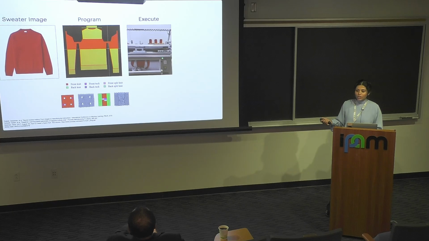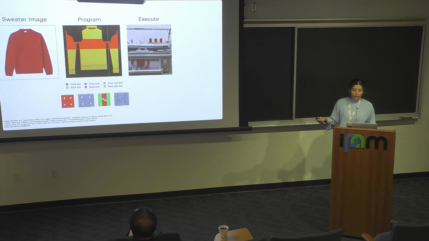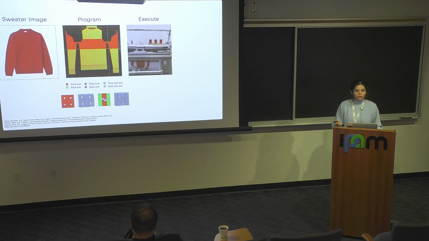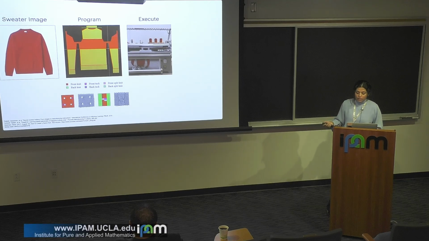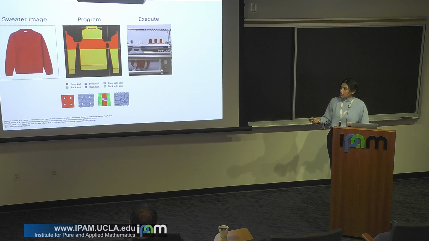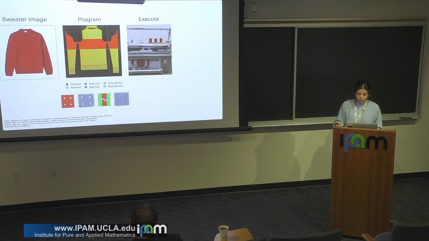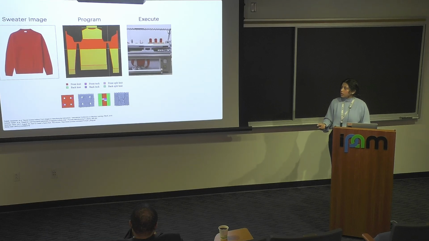So on the right is the knitting machine in action, which is actually executing the program. The machine follows instructions line by line in this image here, stitch by stitch, and it tries to recreate the original design. So with the program, you can faithfully reproduce the vision that you saw in this original image into an actual sweater.